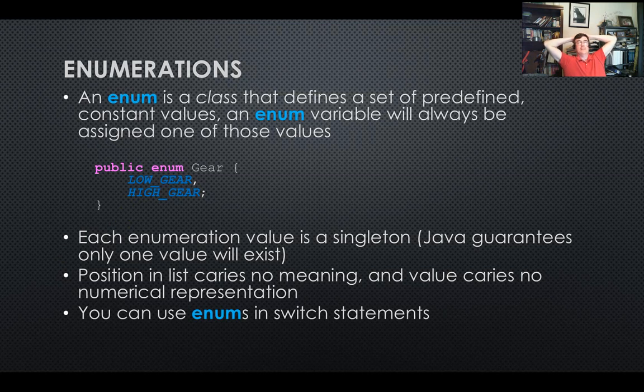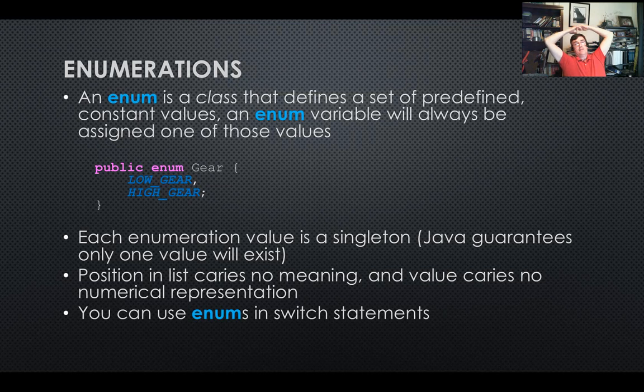If I do any comparisons using reference objects, I'm going to compare the address in memory, because that is the value of a reference. But since Java guarantees that a singleton has only one and only one value, that means every instance that points to low gear will have the same address. So I can use the equality operator with enums. That's the only place where I can use the equality operator with an object reference, and it does what you would think it would logically do.